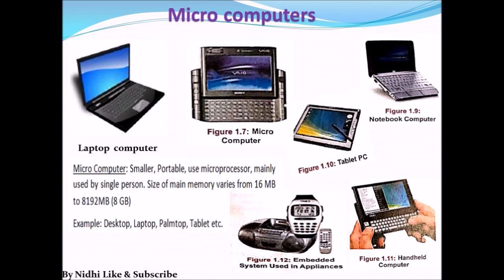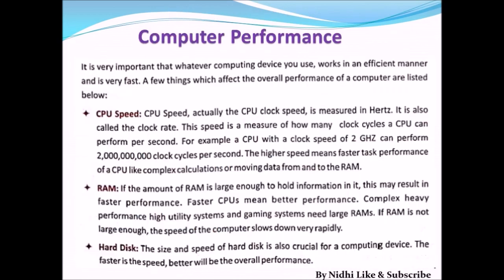Now next we are talking about computer performance, meaning the things related to the performance of a computer. CPU speed is the main measurement of computer performance, and it is measured in hertz. We already discussed that it is the clock rate that measures CPU speed.